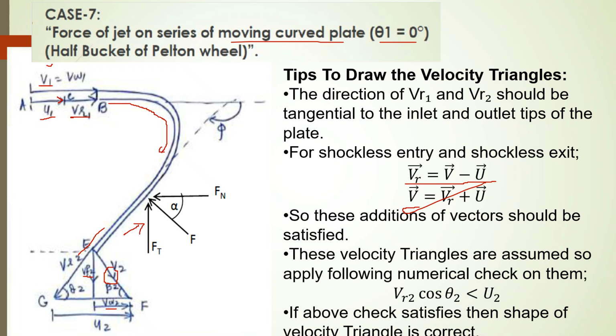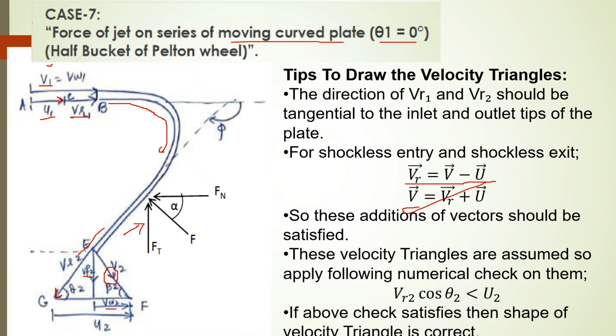If the direction of the relative velocity is the same as the vane angle at the outlet tip, we can draw the Vr2 vector from E to G. And if we define the velocity of the jet as V2, deviated due to the movement of the bucket, the direction of the V2 vector should be from E to F. So the vector directions are from E to G for Vr2 and from E to F for V2.